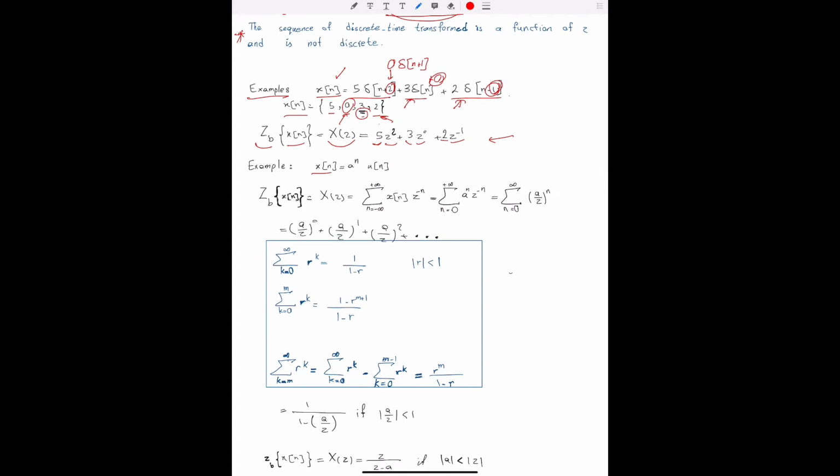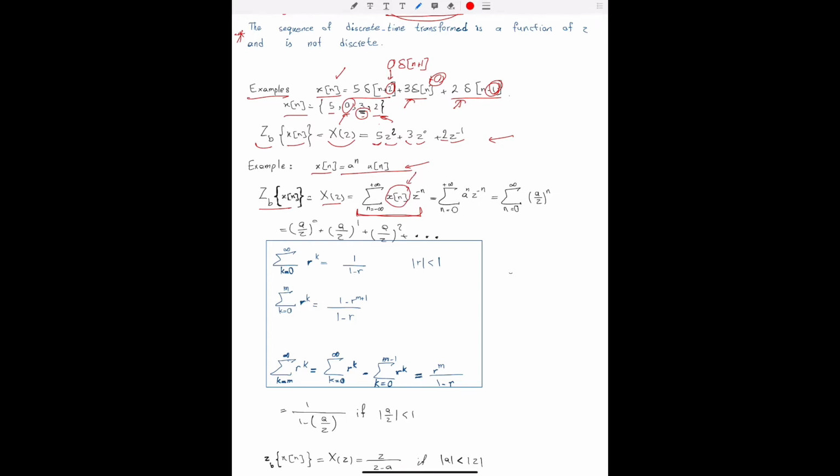And if we want to do another example, we have x of n equals a to the power of n times u of n. Now, if we take the Z transform of that, this is the actual formula, and all we need to do is replace x of n in this equation.